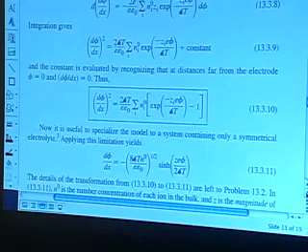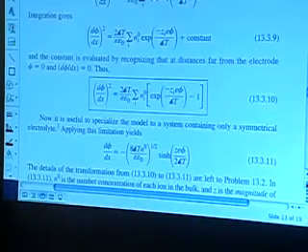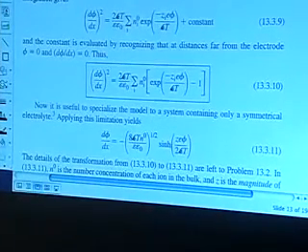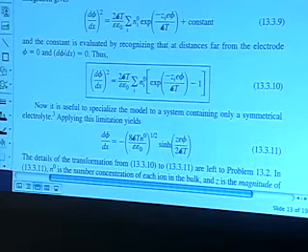Now that's perfectly general. If we make one more mathematical assumption, which you don't have to make, that the electrolyte itself is a so-called Z to Z electrolyte, that is 1-to-1, and what I mean by 1-to-1 is the electrolyte is something like sodium chloride, or something like calcium sulfide.